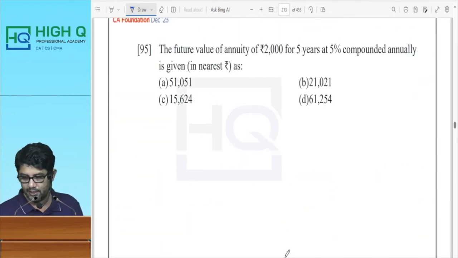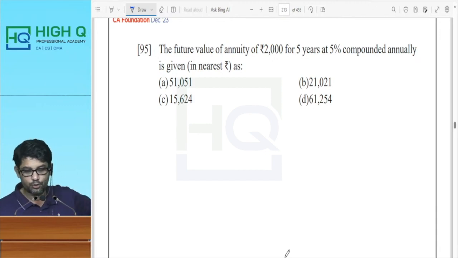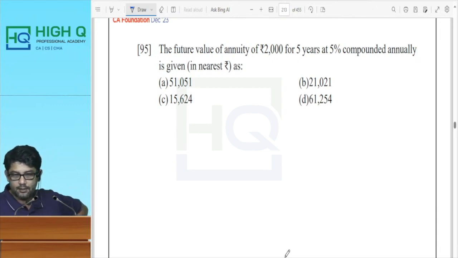Now, can you try this? The future value of annuity of 2,000 rupees. I am getting option A only as the right answer. Actually, it is not 4%. It is not 4%.